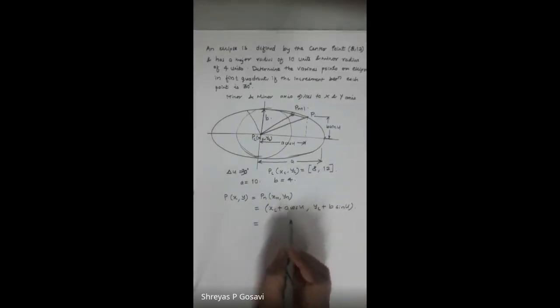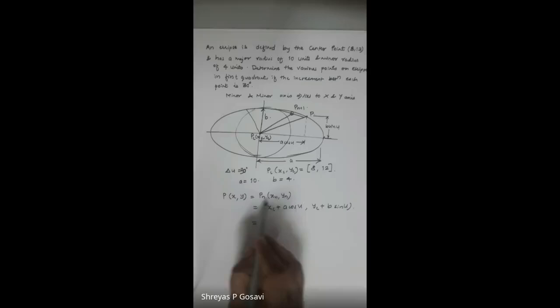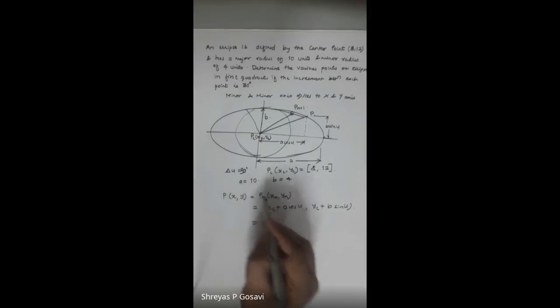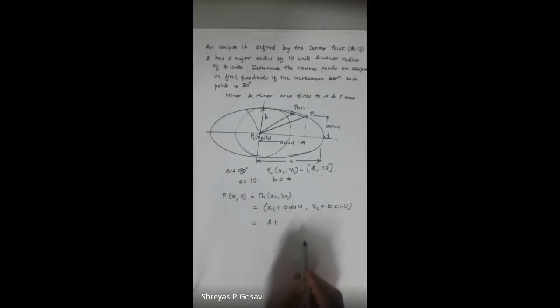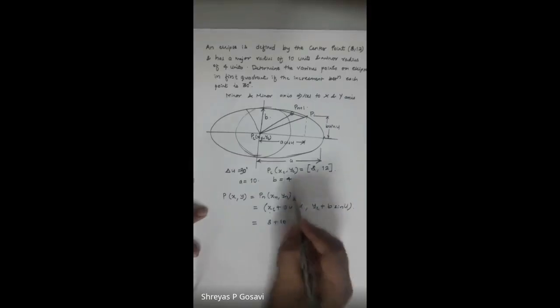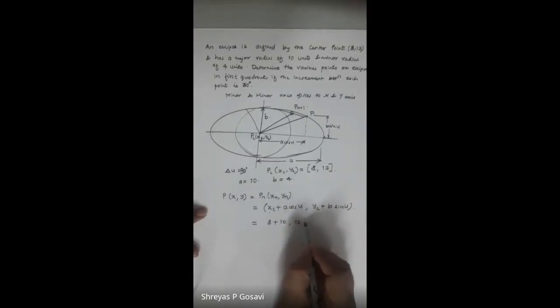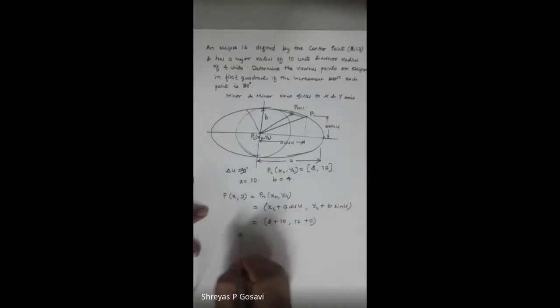So the coordinates of xn and yn will be xc, that is 8, plus A, which is 10, and yc is 12 plus 0.